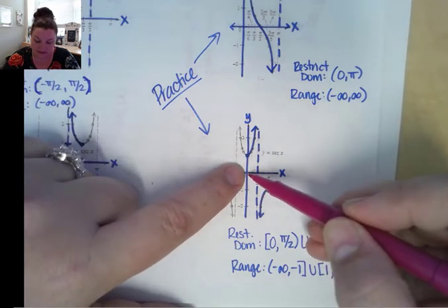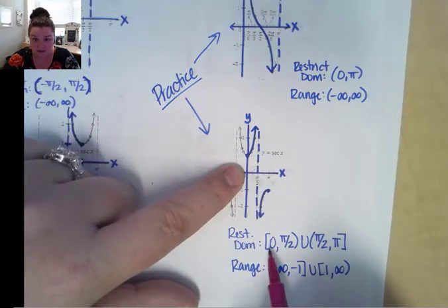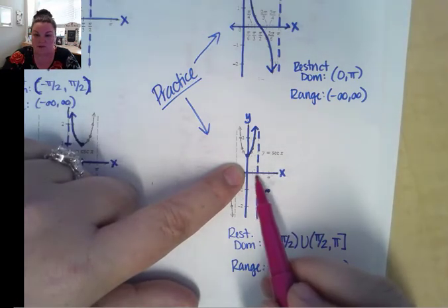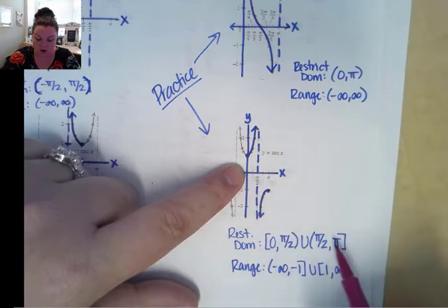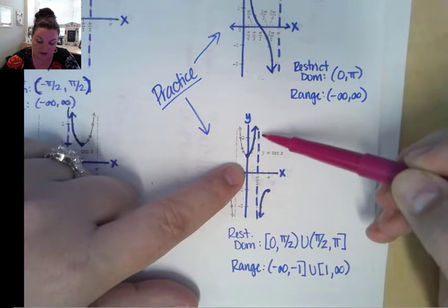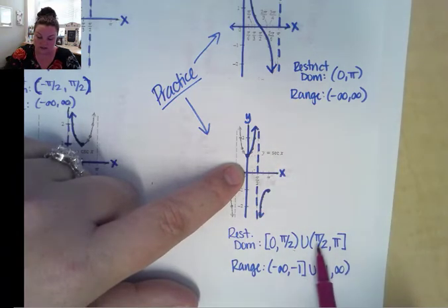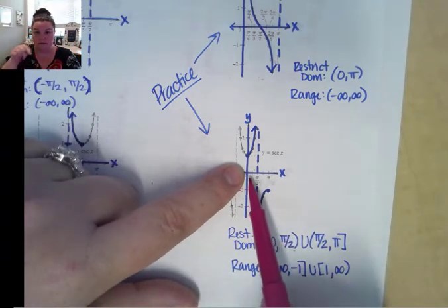Domain-wise, I'm starting at 0, which is not an asymptote here, so 0 can be included with a bracket. I'm going all the way over to pi, which is also included with a bracket. However, I have an asymptote in the middle at pi over 2, so I need to take that out with parentheses.